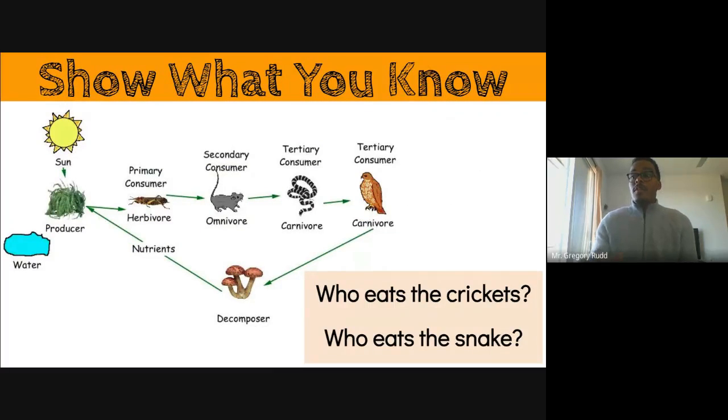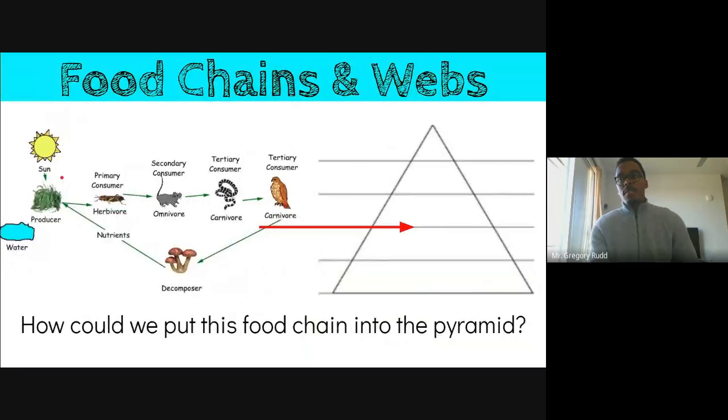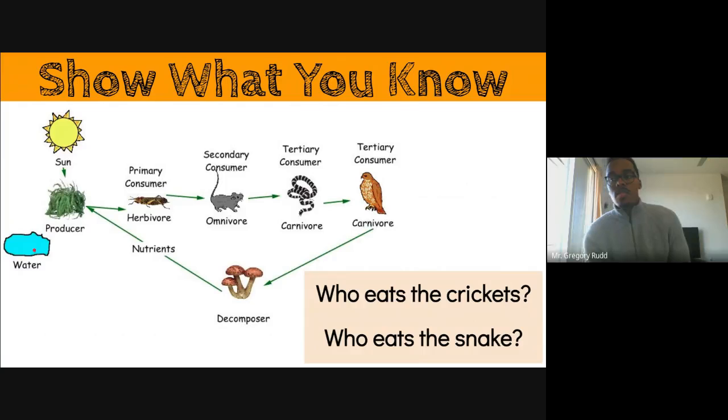Now, there are some specific words that we can use to describe the trophic level of an organism. A producer is any organism that uses energy from the sun. It also uses water and carbon dioxide to do photosynthesis, to make its own food.